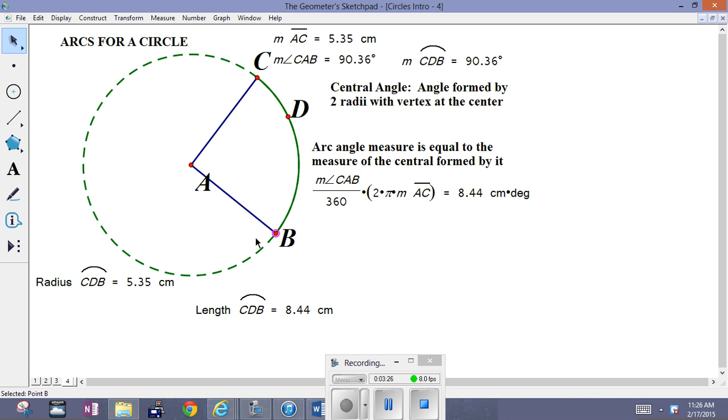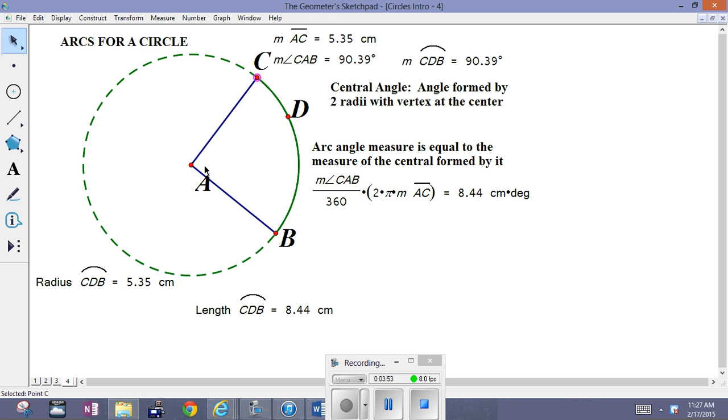Other parts of the circle that we talk about are what we call arcs. Arcs are essentially a portion of the circumference. When we talk about arcs, we have to talk about the central angle. The central angle right here is the angle at A, the angle whose vertex is the center of the circle.